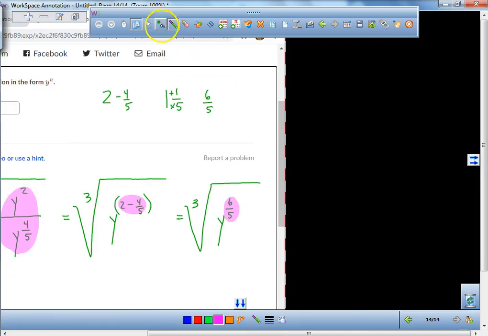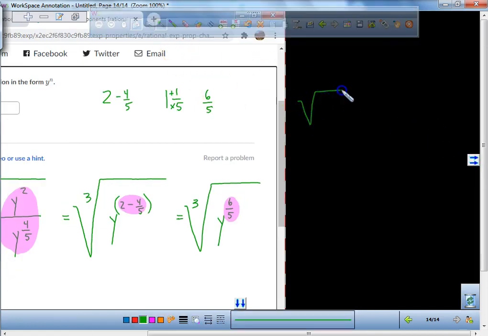All right, so once again, what rule do we have to use? Do you guys remember this rule where I have the nth root of b to the power of m from yesterday? So now, here we go. We have y to something over something. Well, what has to go in the denominator of this fraction? 3. Good. And what's going to go in the numerator? 6 over 5.